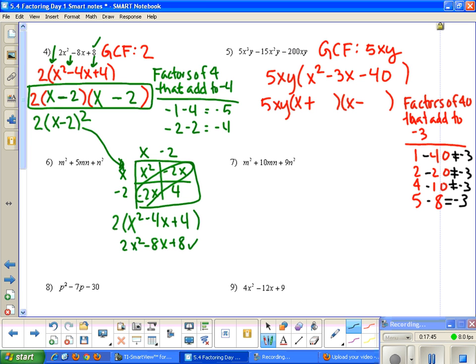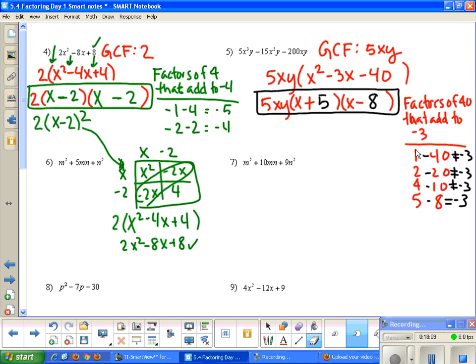So that means that 5 is the positive number, and 8 would be the negative number. And so this right here would be my factored form. And of course, I could always check this by multiplying it out by foiling or boxing and seeing that it equals the original expression that I started off with.